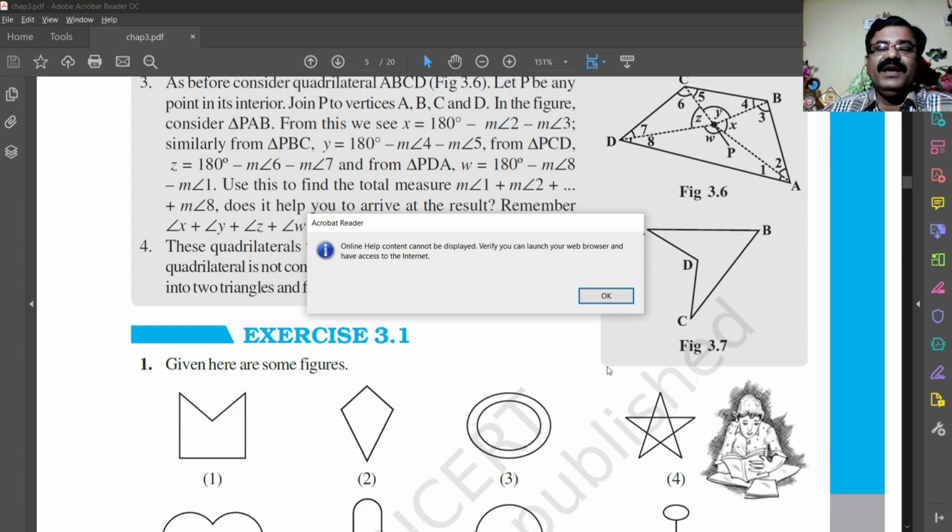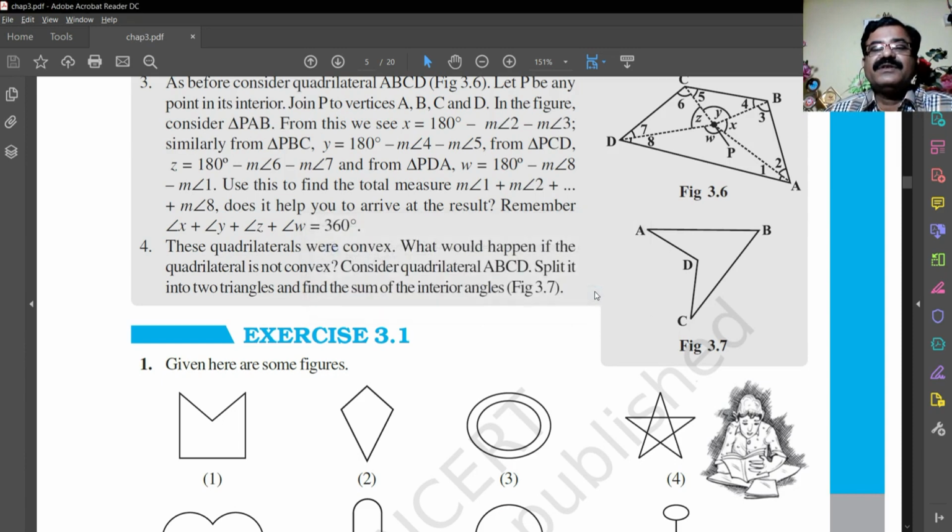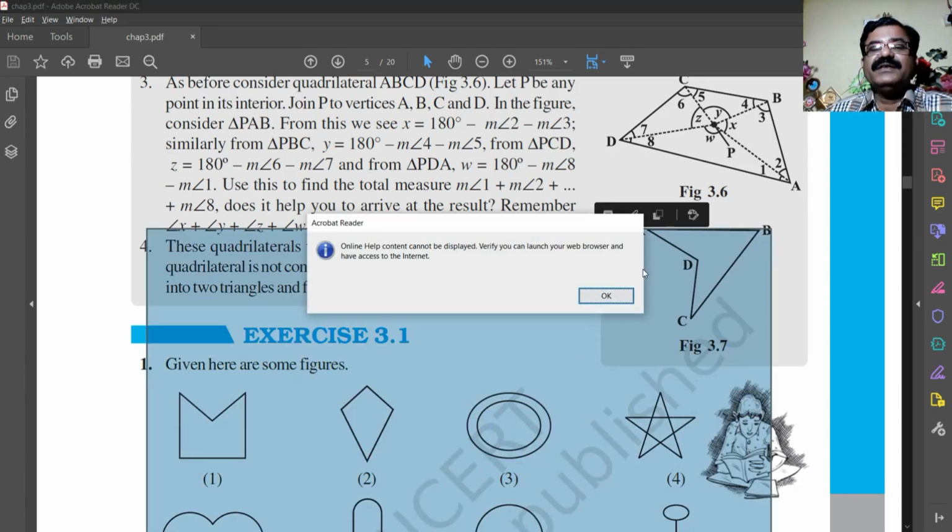This is the formula for the total interior angles of a polygon. By knowing this, students, I think you can very easily identify all types, find the angles, and solve the questions given in exercise 3.1.